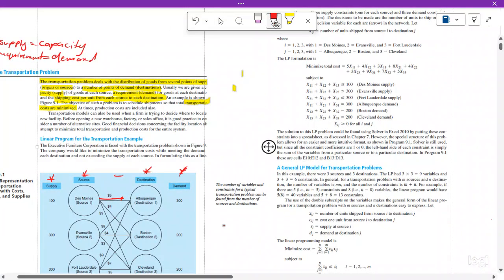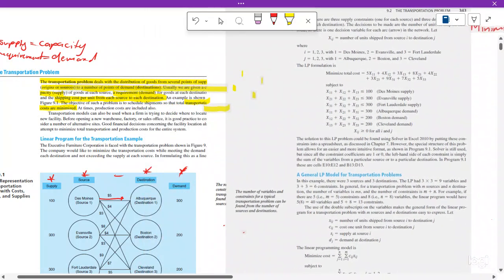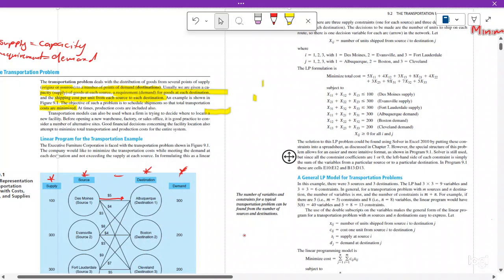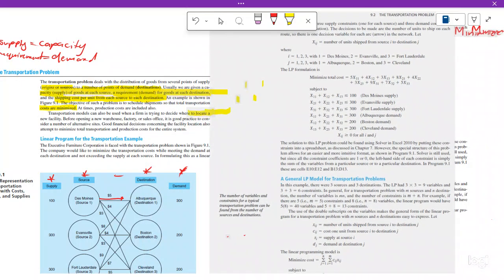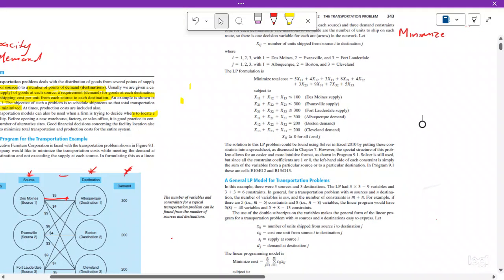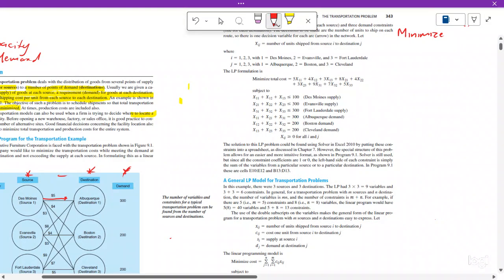So now we'll start by saying, I'm looking at here, because we are minimizing total cost. Then this is my X1.